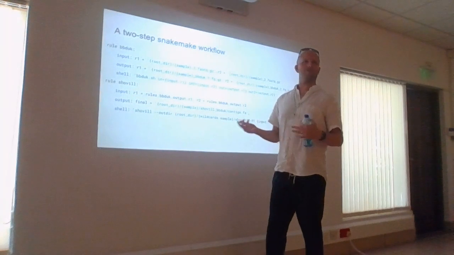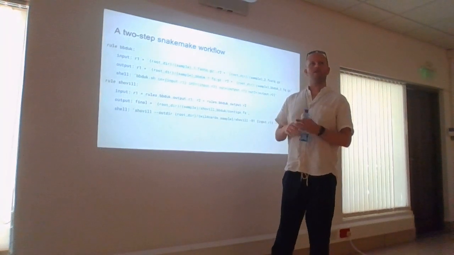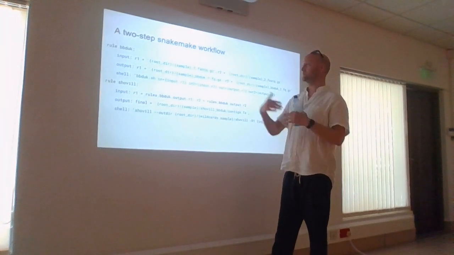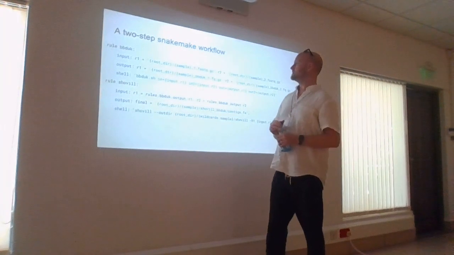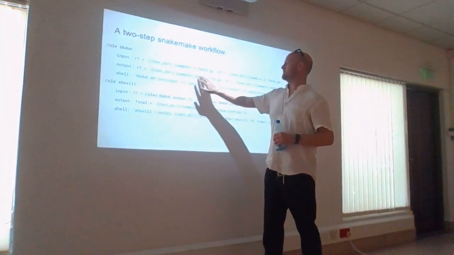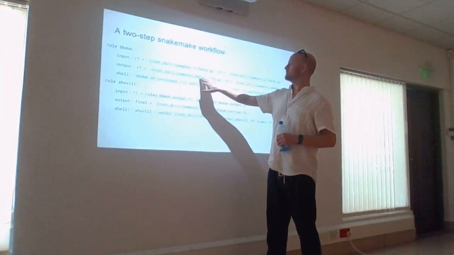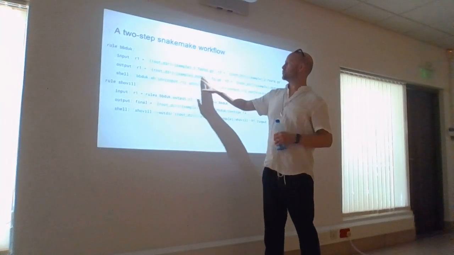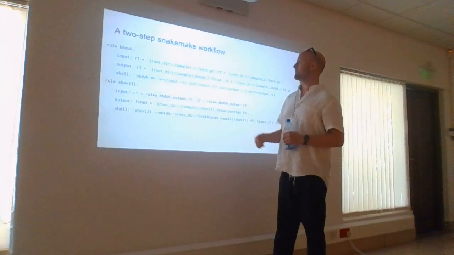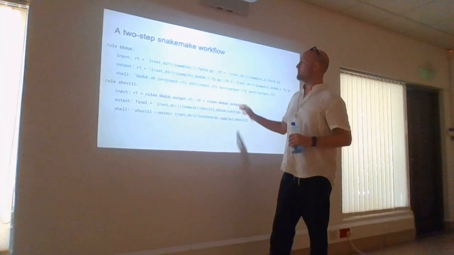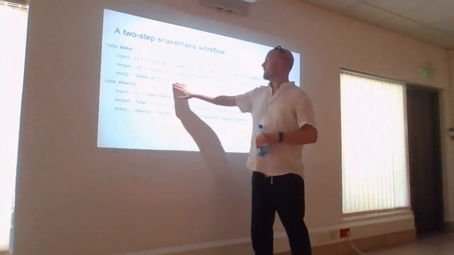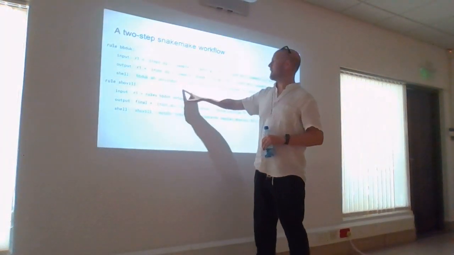That's what happens when you run a read trimmer: it takes in a pair of fastqs and gives you back a pair of fastqs, and you just want to extend the name of the fastq to have the tool that you ran on it, so you know where that fastq came from.